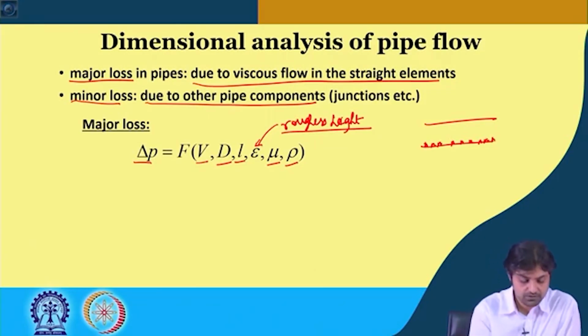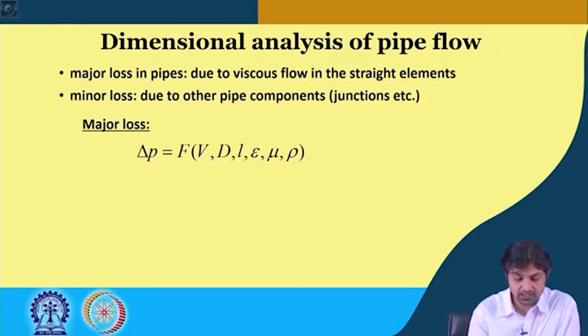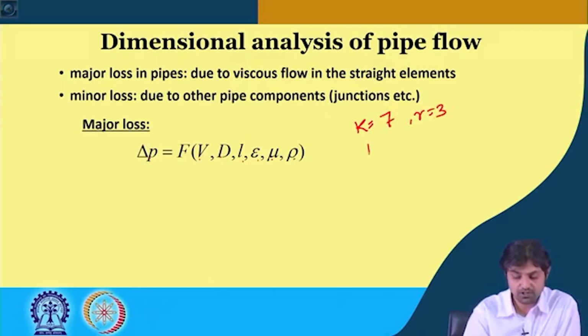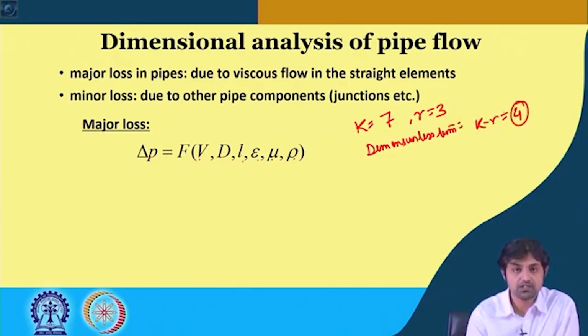All right. So if we do the dimensional analysis, then we first write down k, how many, 1 2 3 4 5 6 and then 7, and r is 3. So how many dimensionless terms? k minus r, we are going to get 4 dimensionless terms.